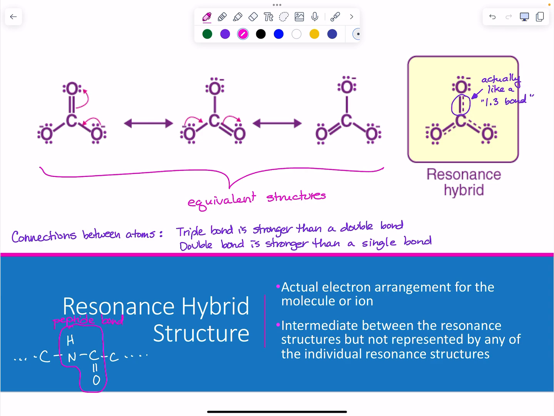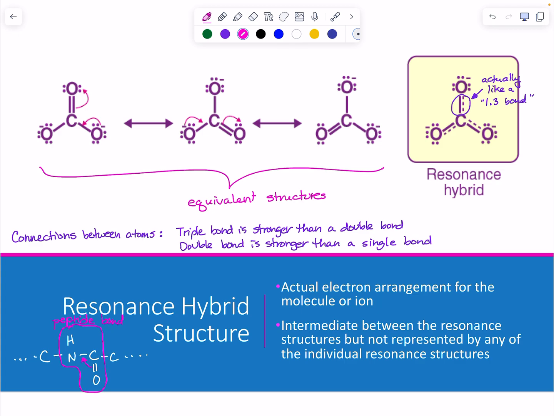Now, the thing is, and I won't draw the whole thing out, you can draw a resonance structure for this in which these electrons go to the connection between the nitrogen and the carbon.